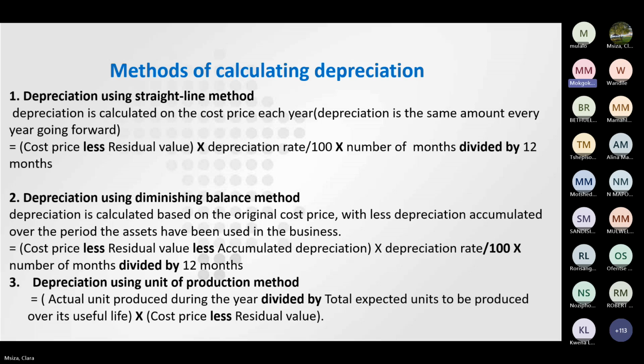They're saying, please repeat the question. Yes, I'm typing here. Can you see it there? So cost price, CP, is 100,000. Depreciation rate is 20%. Calculate year one depreciation.